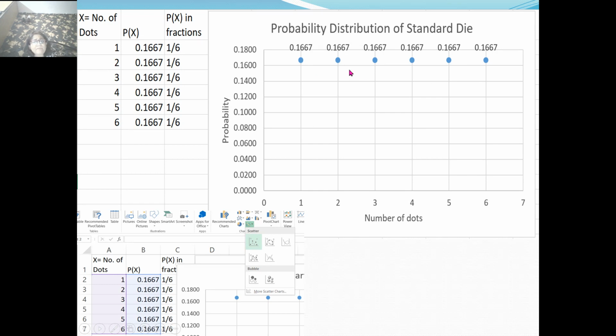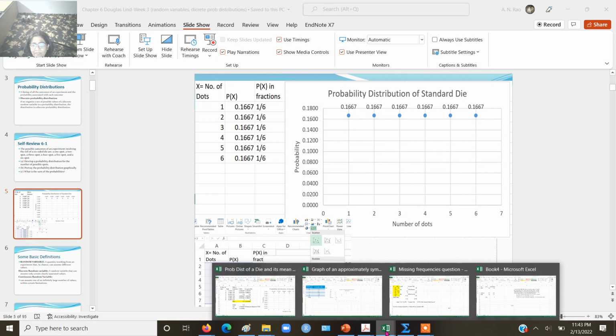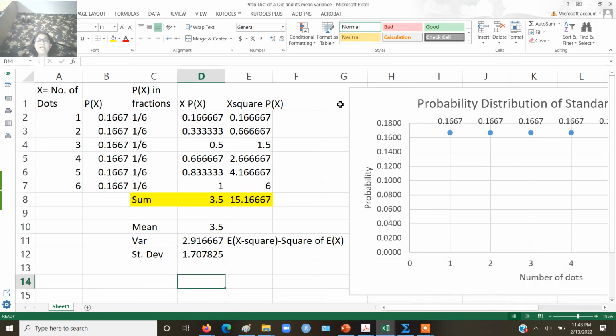By the way, how I have drawn this probability distribution is simple: I entered all these data in Excel and then I went to insert. I'll show you there. So for example, we have the probability distribution of a die, right? Here I made this graph, and how I made it, I selected these values.